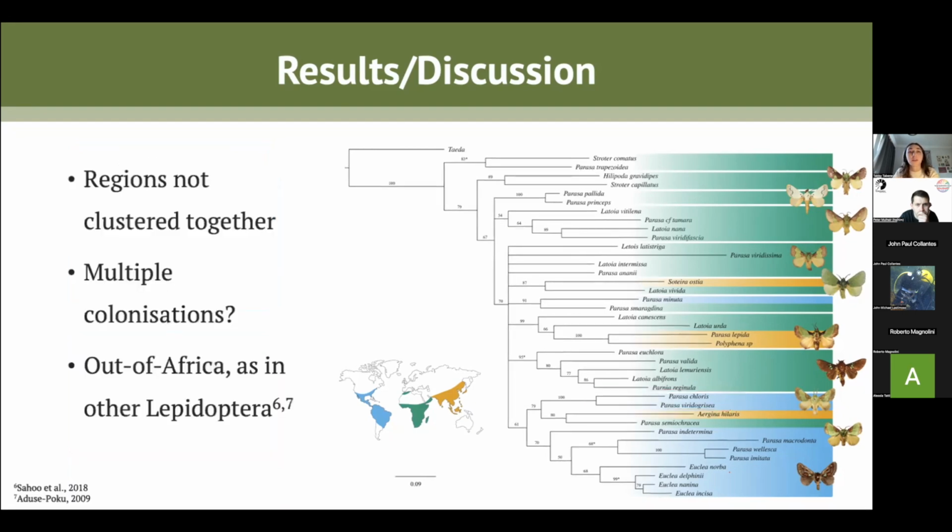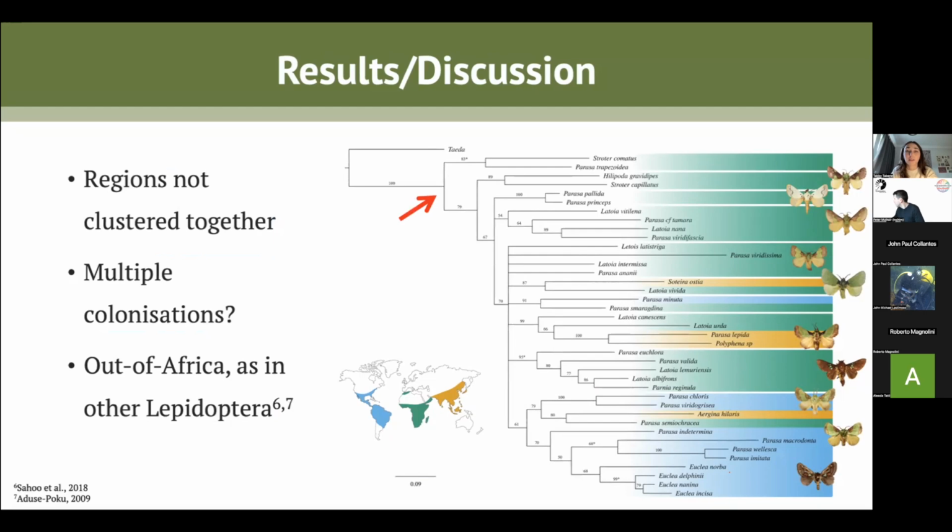When considering biogeography, the three tropical regions are here, corresponding with the colours of the clusters. I hope that's clear for everyone. We can firstly see that the regions don't necessarily group nicely together, and that there are some cases where taxa from different regions are clustered together. And these relationships were also found in all of the other analysis types. Whilst adding more taxa could make these relationships a little bit clearer, perhaps this is an indication of multiple colonizations of the different regions.